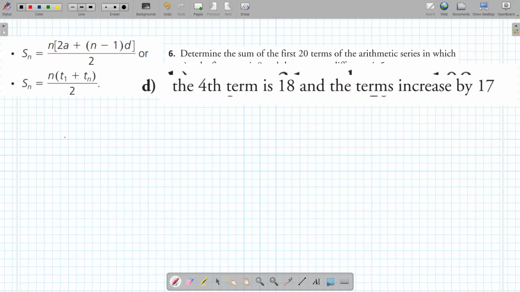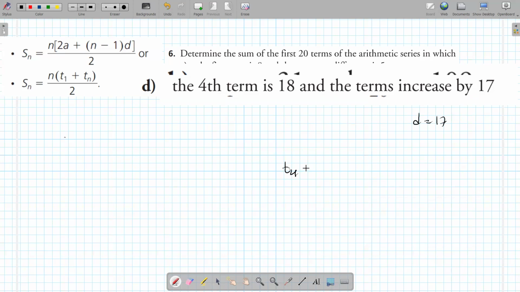So this one's tricky because for both of them, you need your A value or you need your T1. Here we don't have our T1. What do we have? Do we have our D value? Yeah, we do. D is 17. So the next term increases by 17 units.